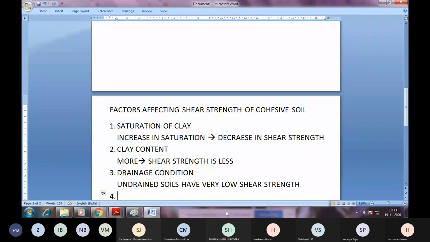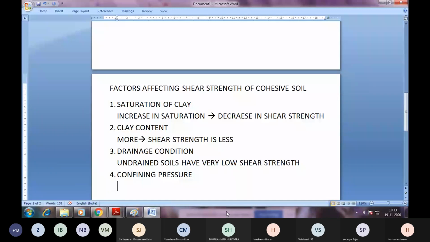The next factor affecting the shear strength of cohesive soil is confining pressure. Again, the shear strength of the clay increases with increase in confining pressure. More confining pressure, more will be shear strength.